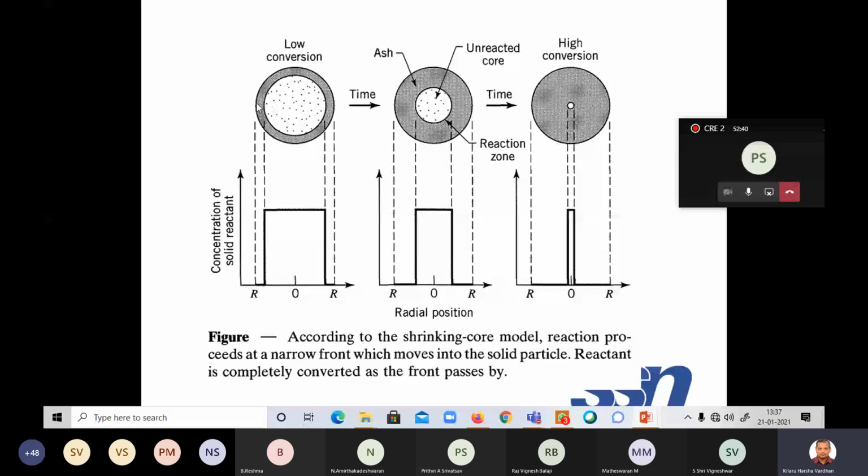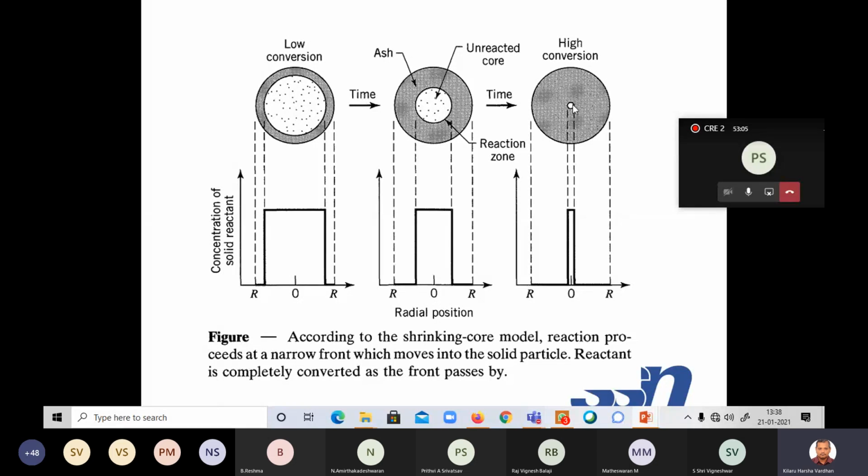There is one more, where the size goes on changing. Now you see, this is the original size of the particle. After some particular time, this is the next size of the particle, because ash is formed and you are not removing the ash. Ash is not a reactant, am I right? The reactant shrinks in size. After some time, you can see this is only the unreacted core.